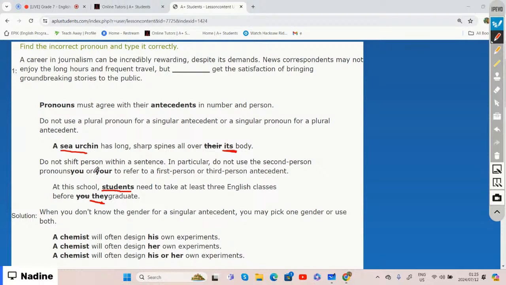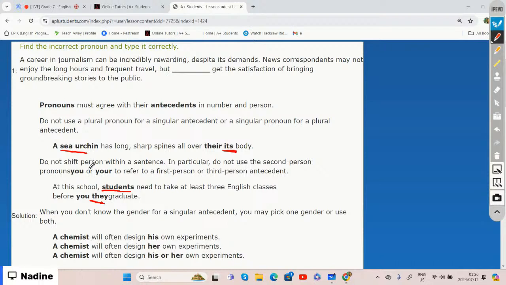And we also said that, for example, when you don't know the gender for a singular antecedent, referring to one person or thing, then you may pick one gender or we can use both. So if we're referring to a chemist or a teacher or a policeman or a doctor, then we can say a chemist will often design his own experiment because we're referring to a male.